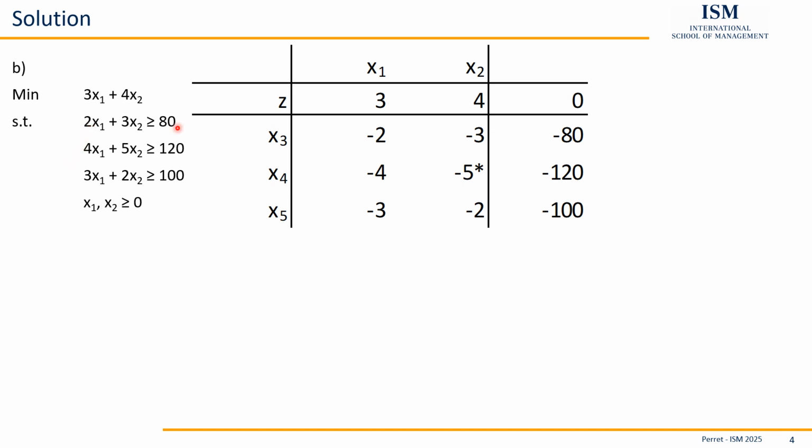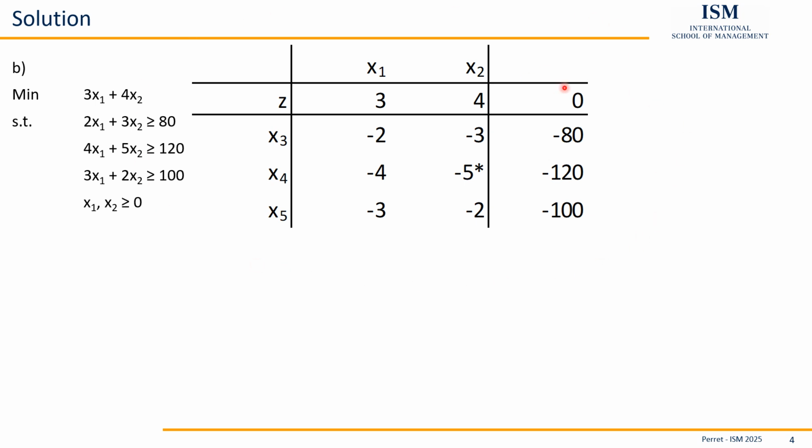So for the rest of the x1 column, we have -2, -4, -3. For the x2 column, we have -3, -5, -2. And on the right-hand side, we have -80, -120, -100. So this gives us our initial table.